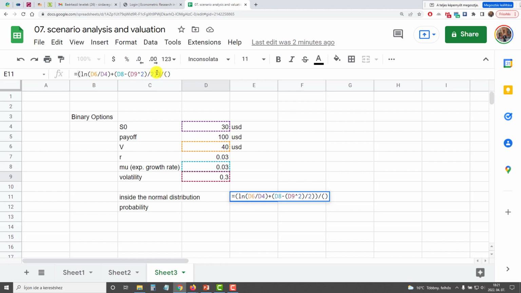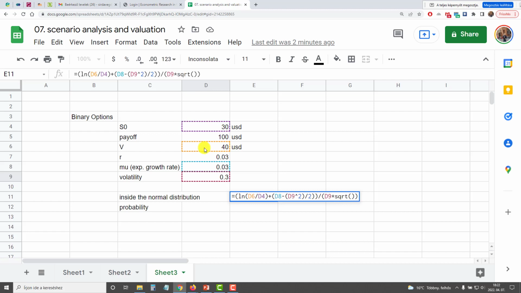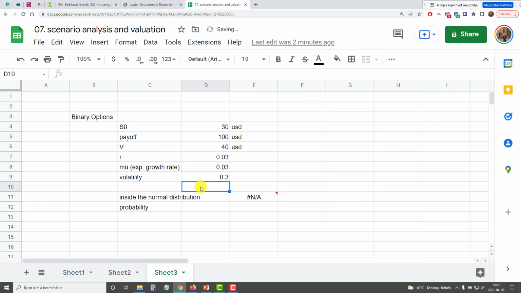Okay, all the brackets opened are closed, and now we have to multiply volatility multiplies SQRT, like square root, with the time. We don't have time. Okay, so let's put it here, and it will be time 1.